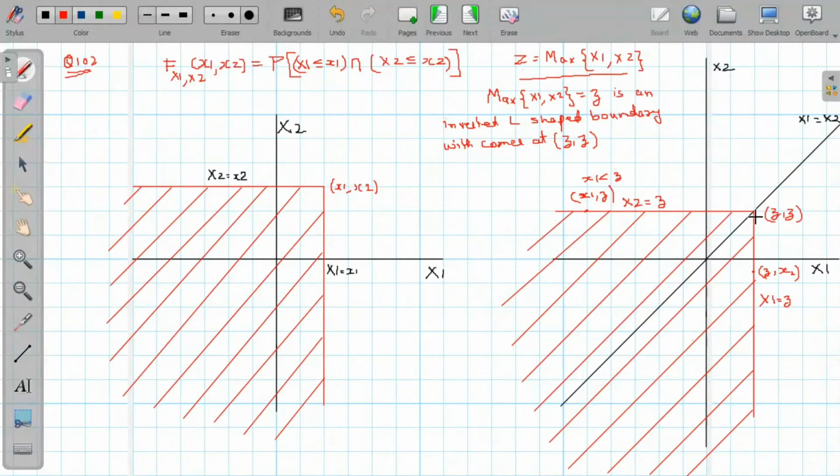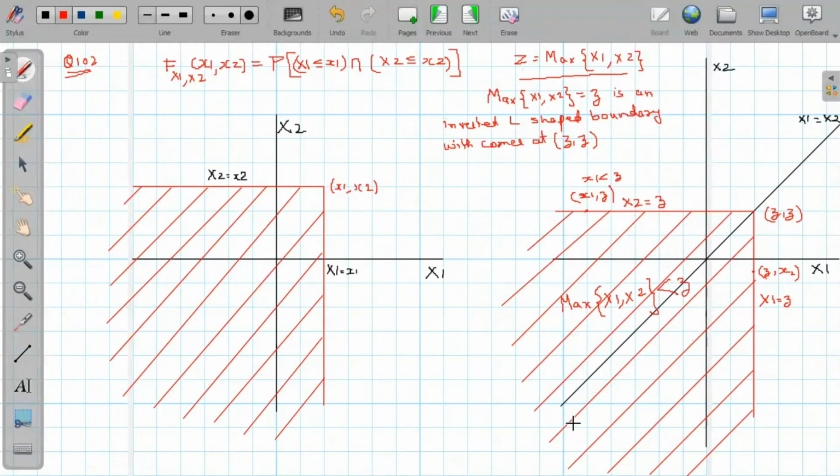So by this explanation you can note that everywhere on this boundary, maximum of x1 comma x2 will be equal to z. And similarly, by taking any point in this red lined region, you can observe that maximum of x1 comma x2 will be less than z.